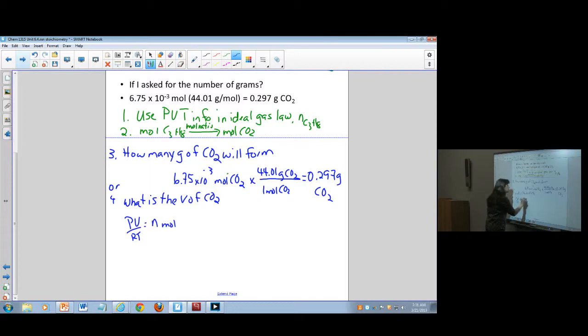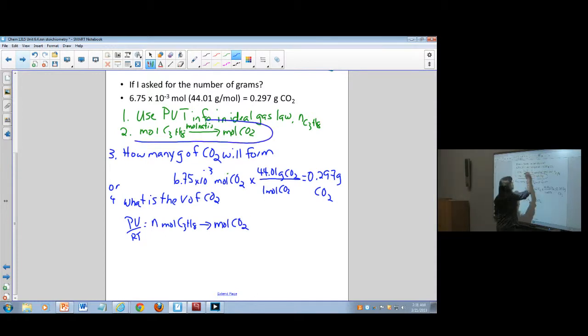And that was the moles of C3H8. Then you can convert to moles of CO2, just like we saw up here, this part of the equation.